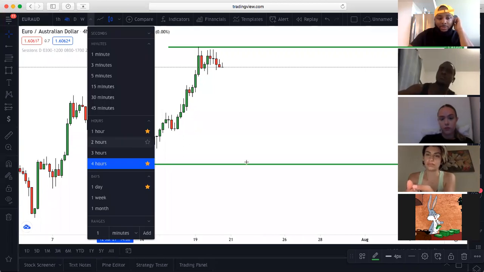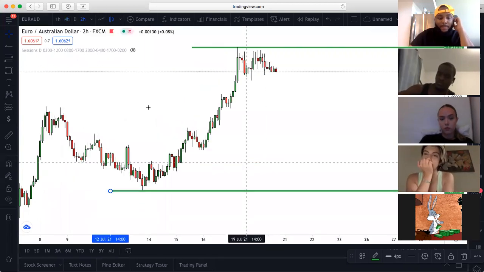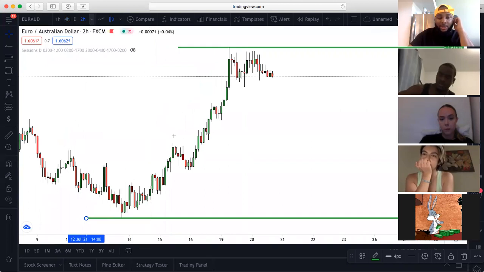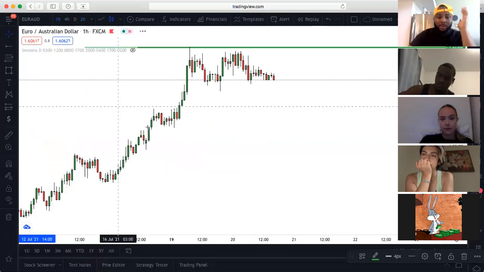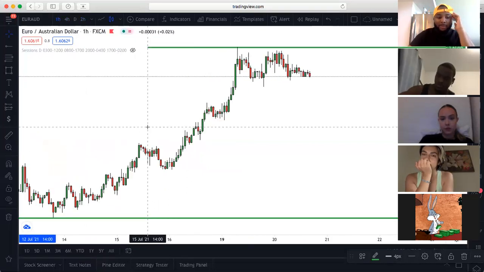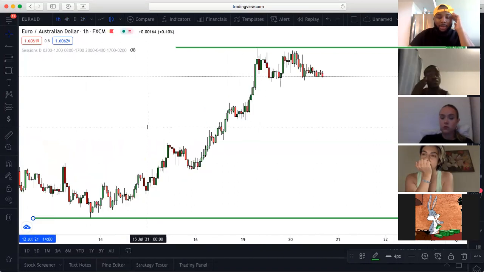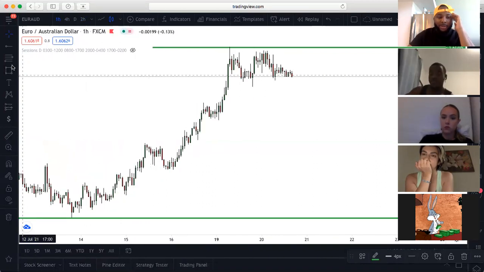2 hours. What I'm looking for, ladies and gentlemen, is an institutional sponsorship candle. Something that shows me the market is looking to shake people out. Because once again, the market's always looking to seek liquidity or rebalance itself. So now I'm on the 1 hour time frame. Where should I be looking for this?